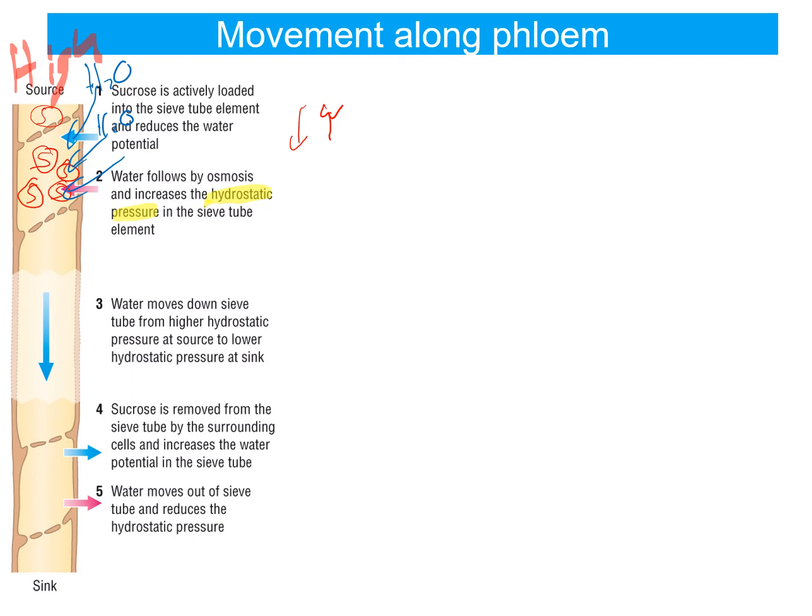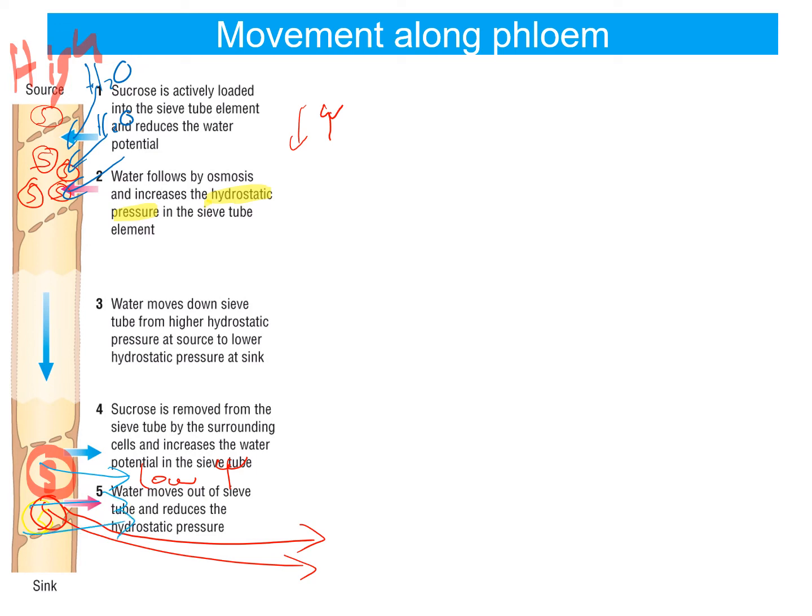Now, what happens here is the water moves down, and the sucrose gets removed into the cells that need it and require it, and we actively transport it to where it's needed. Because the sucrose then leaves, these cells have got a low water potential, and the water follows out via osmosis.